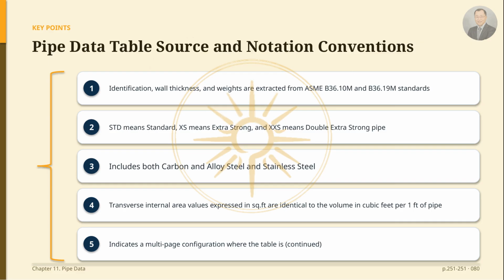Additionally, this table covers carbon steel, alloy steel, and stainless steel. One point to note is that the transverse internal area value expressed in square feet is equivalent to the volume in cubic feet per foot of pipe length. Please also keep in mind that this table is structured to continue across multiple pages, as indicated by the continued mark.